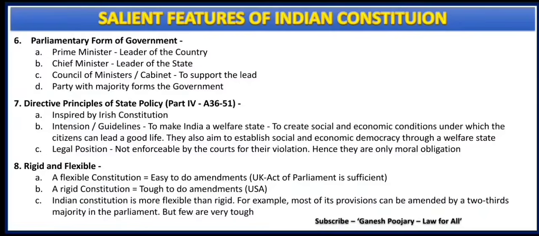To make any amendment in the US constitution, the process is very tough. But when it comes to India, we are a mixture of both rigidity and flexibility. A few of the amendments are very easy, with just a 2/3 majority in the parliament, whereas a few are very tough, where we have lengthy processes. So we can call the Indian Constitution a mixture of rigidity and flexibility.